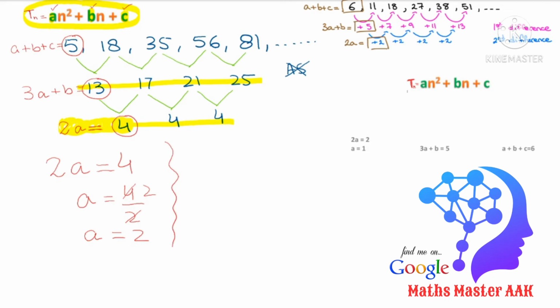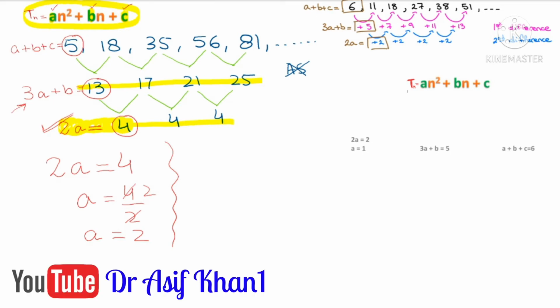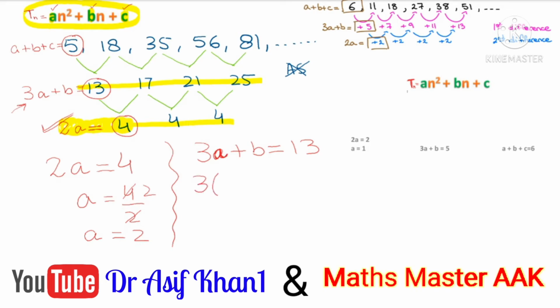Now after solving this equation, we come to the second one. This one is 3A plus B is equal to 13. So here we will put the value of A. हमें A की वैल्यू मालूम है, so we will put the value of A here. We will write 3 times 2, दोनों मल्टीप्लाई हो रहे हैं, plus B is equal to 13.